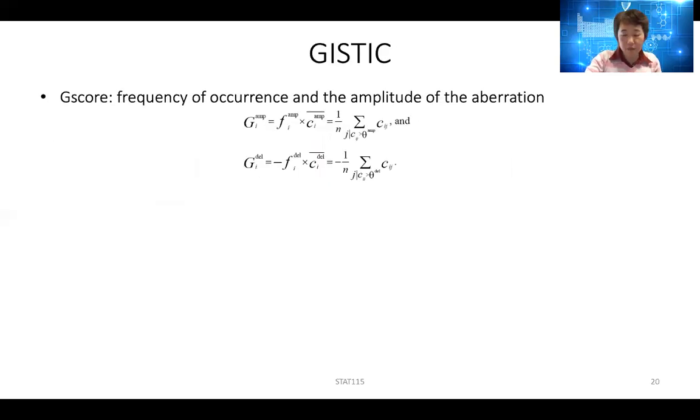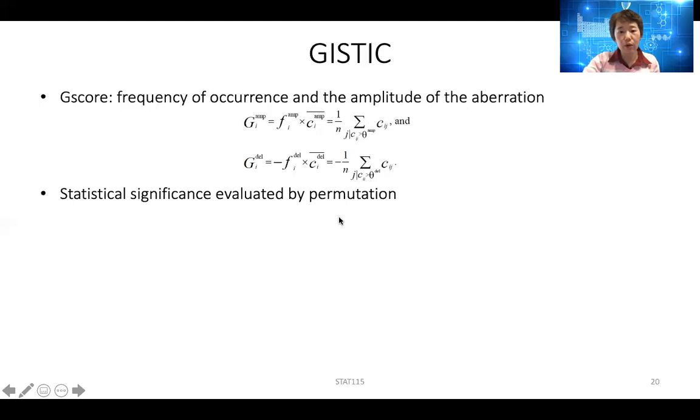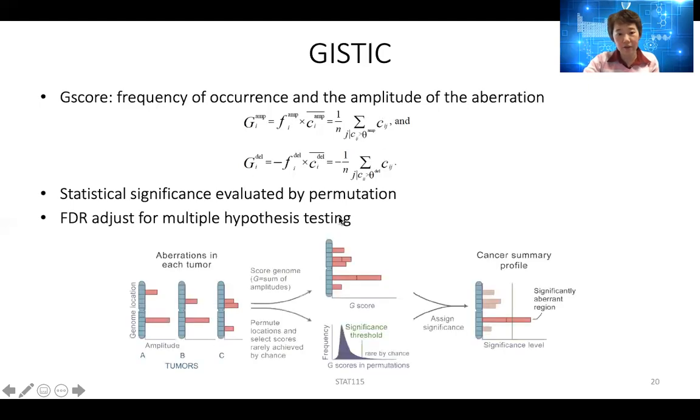And so we talked in the last lecture about the GISTIC score, which looks at copy number change, right? How often this type of copy number change happens, and also the amplitude. Is it 3 copies or 5 copies, or do you lose a copy? Using this, you can look at whether there is a significant difference.